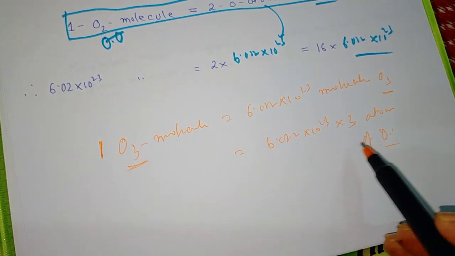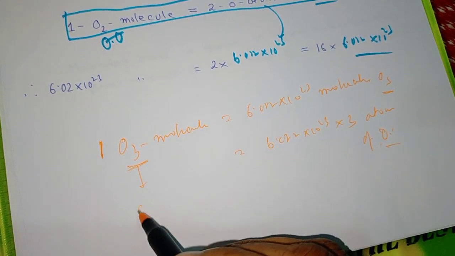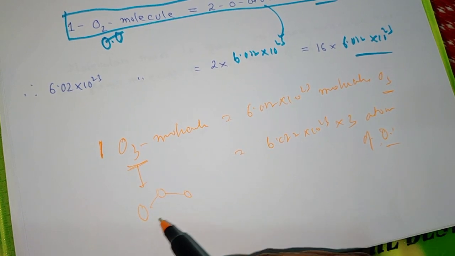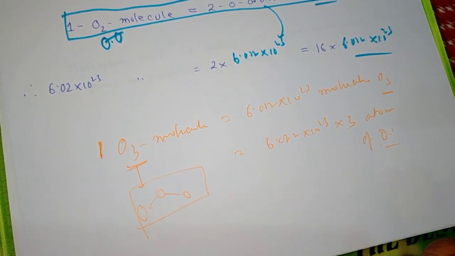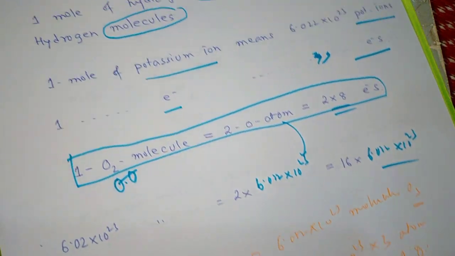Now if I consider oxygen, because one O3 means what? Oxygen, oxygen, oxygen. It contains how many atoms? 3 atoms of oxygen. So like that we have to proceed.